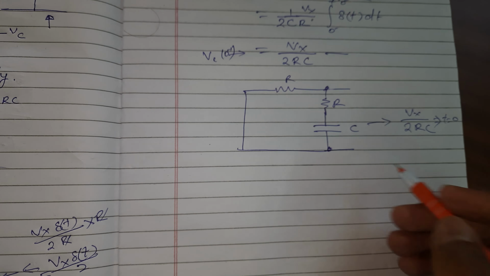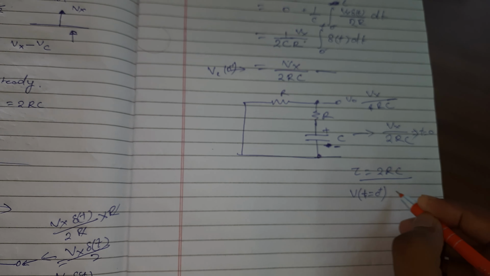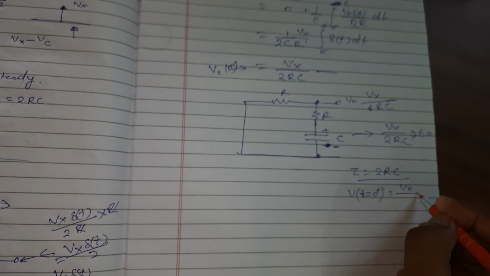It is minus, sorry. Now this capacitor will slowly discharge across the resistors, and the time constant tau will be 2RC, with the initial value of VO at t equals 0 plus being Vx by 4RC.